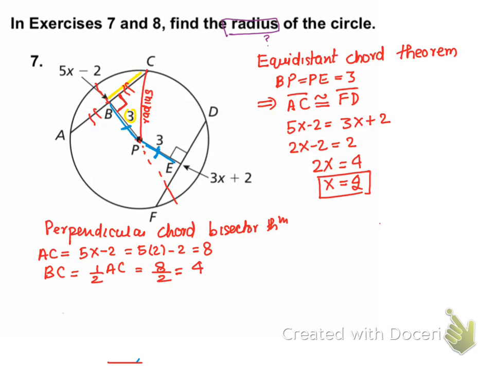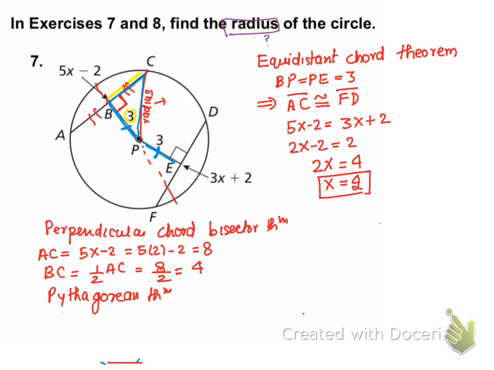So I have to now just look at this triangle here, this one. That's a right triangle. I can use the Pythagorean theorem, and when I apply it, it says the legs squared, added, are equal to the square of the hypotenuse.